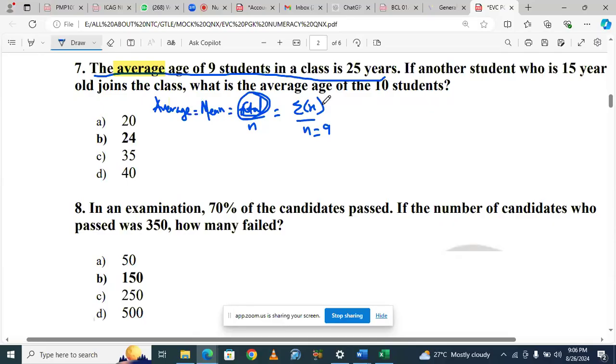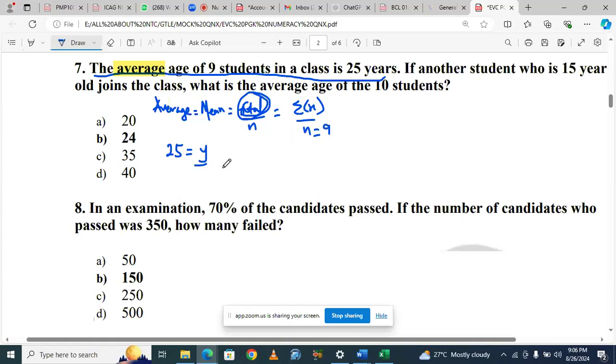But we know that divided by 9, it will be 25. That is why I'm saying that the average we know is 25. Their total age we don't know. So in this case, let me call it Y. Is that okay?